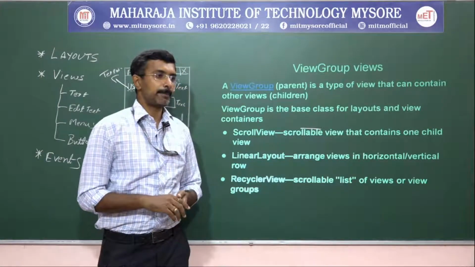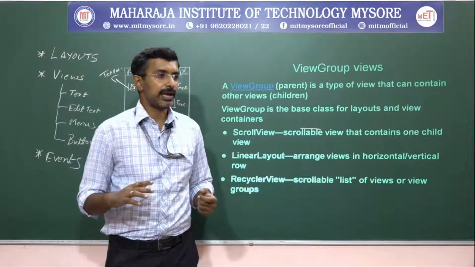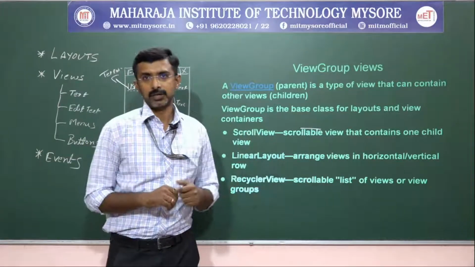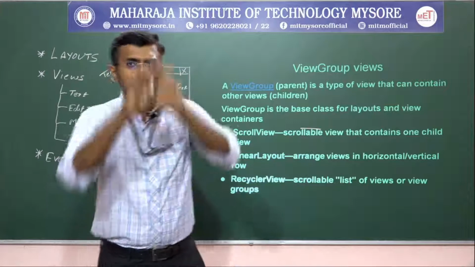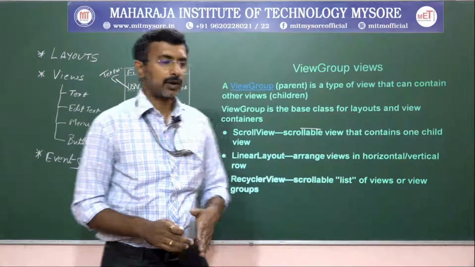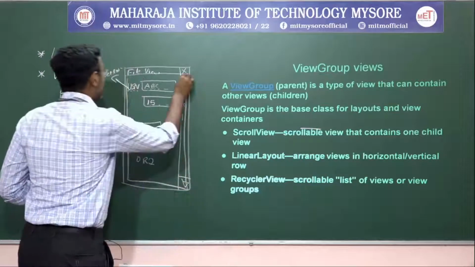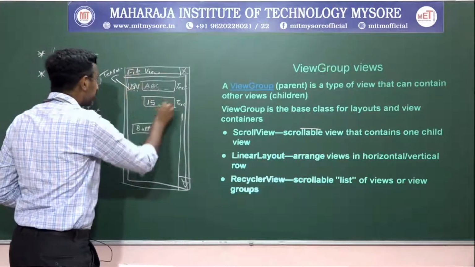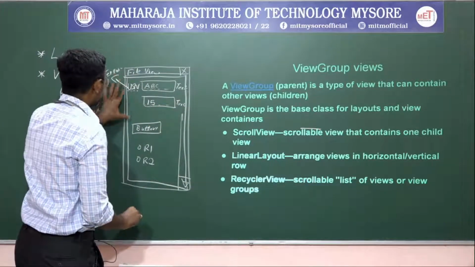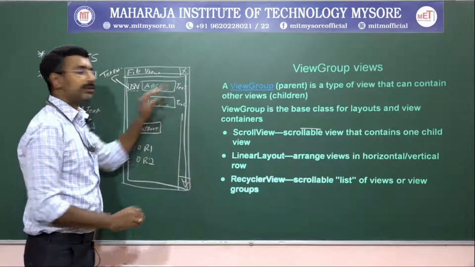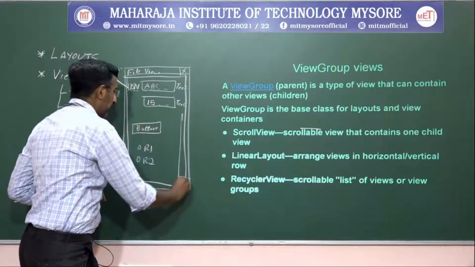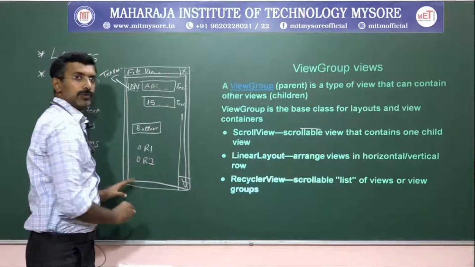A view group is the base class for all layouts and view containers, which means there is a big layout, and in that big layout we have many views. So we can call this a view group, a collection of views.